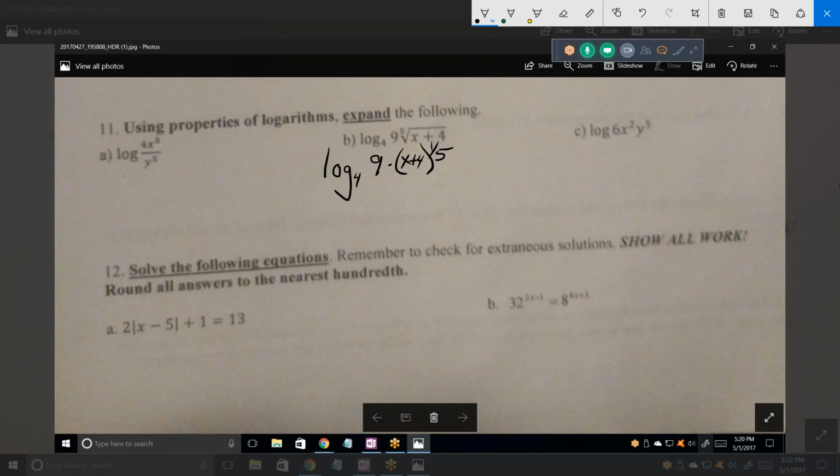Now expand that: log base 4 of 9 plus 1/5 log base 4 of x, plus 1/5 log of the next term.